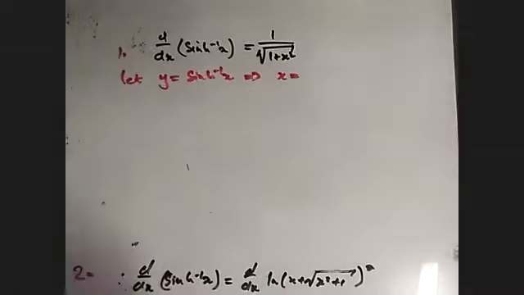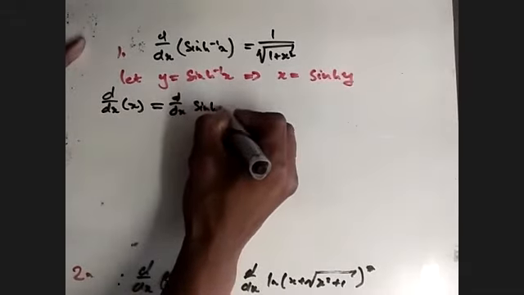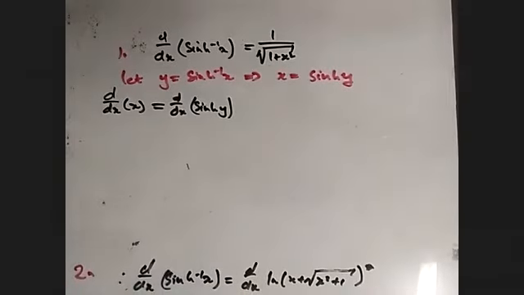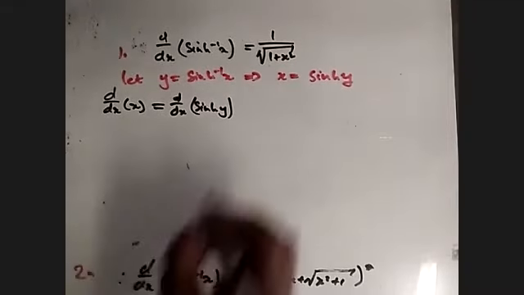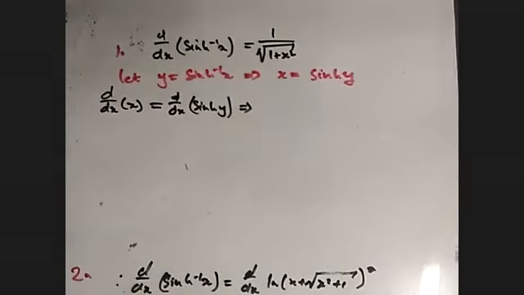d dx of sinh y. And then I said to you, according to implicit differentiation, we need to introduce the chain rule here. And I explained to you the chain rule method of this thing, right?